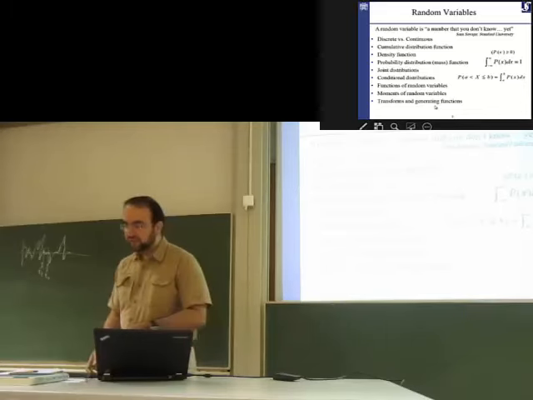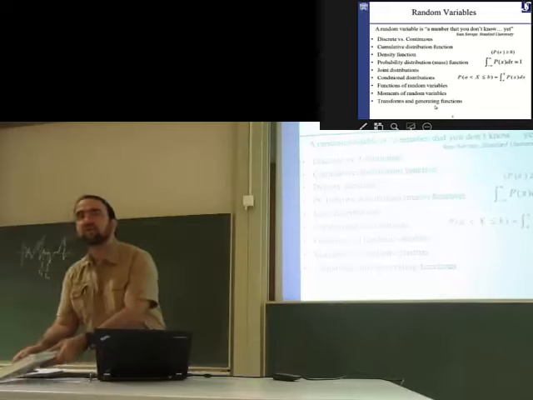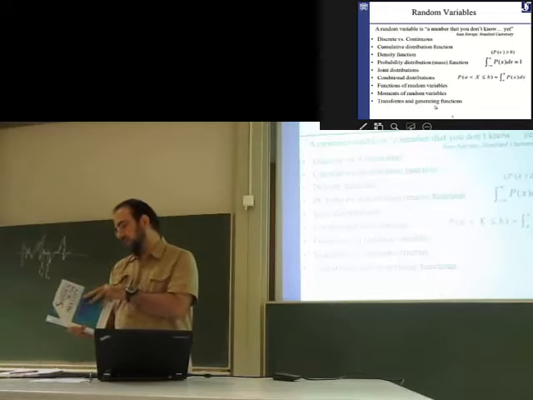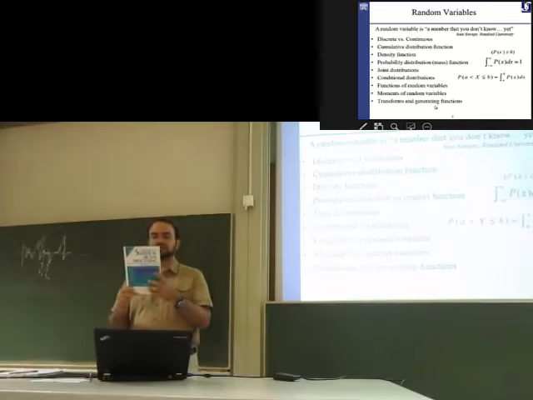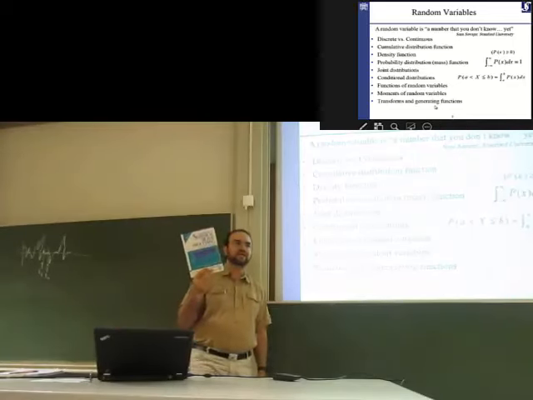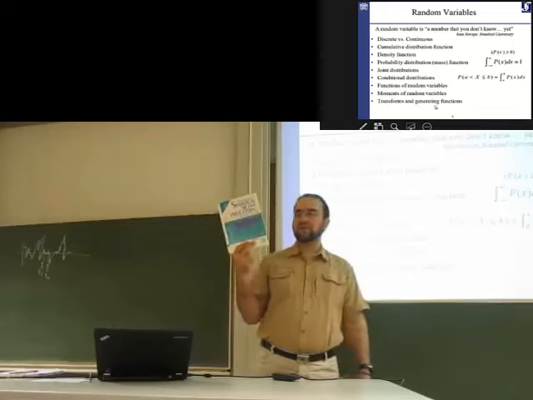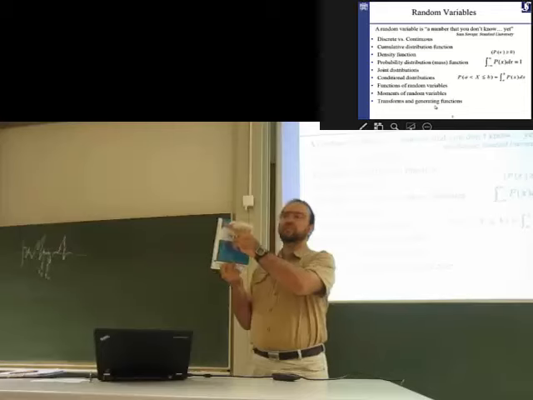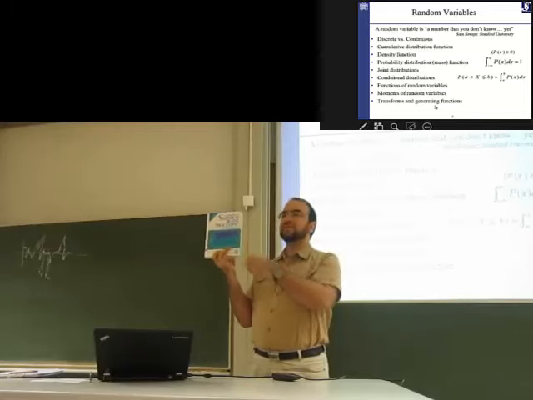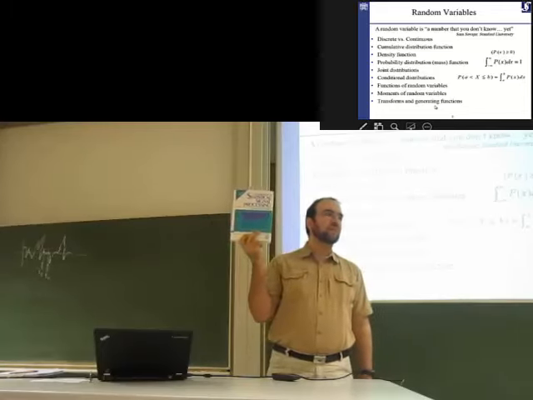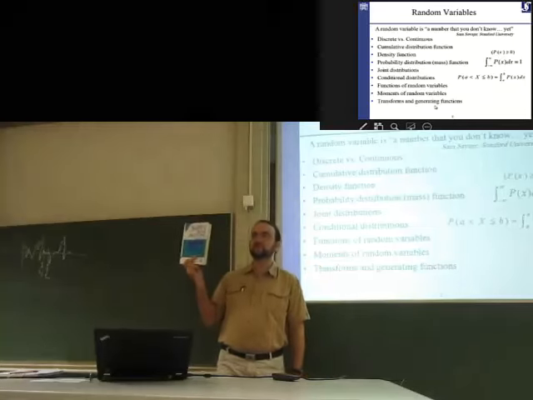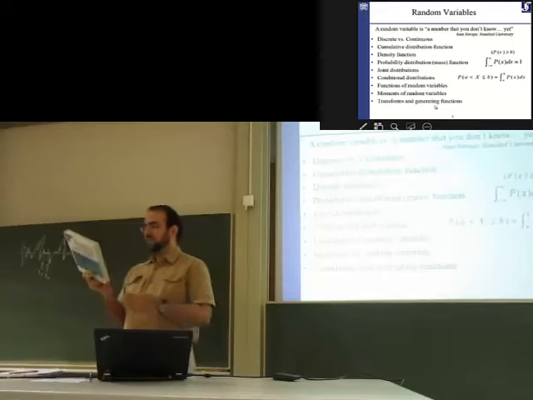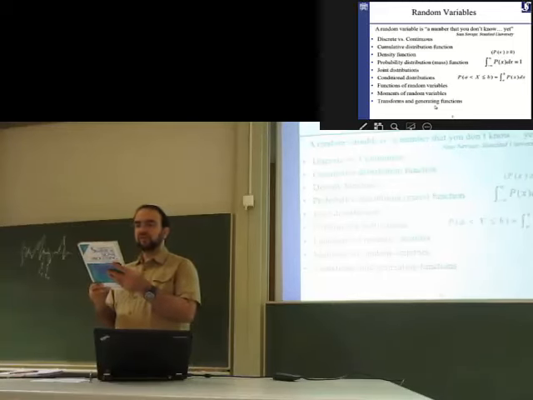We have great books for statistical signal processing, and one of the greatest references is this book, Statistical Signal Processing. It has 3 or 4 volumes, I think. Volume number 1 is for estimation theory, and there are different volumes for detection theory, identification theory, and so on.